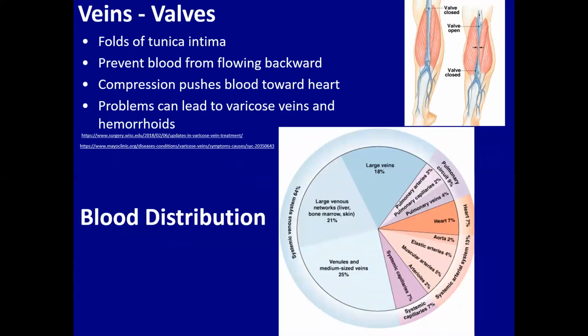with veins, we have valves, which are so incredibly necessary. Remember, I told you earlier on, I'd like for you to think about one red blood cell as it is making its way through your body from the time it is ejected from your heart through your aorta to the time it makes it all the way back up to your right atrium.